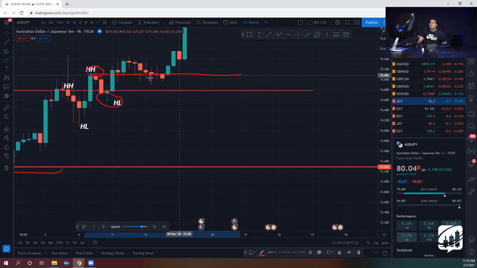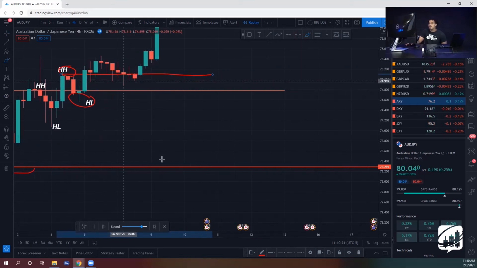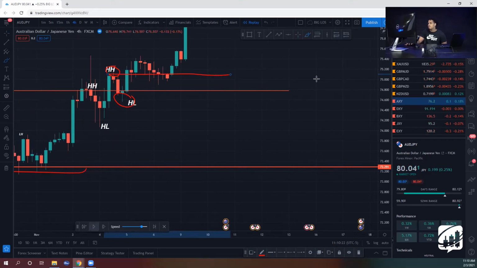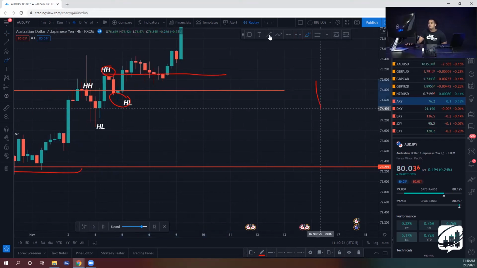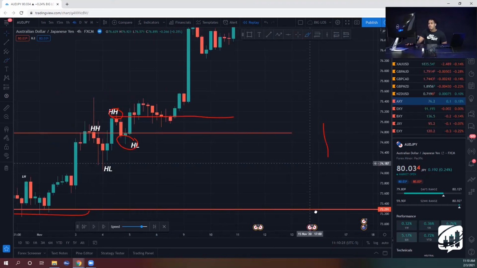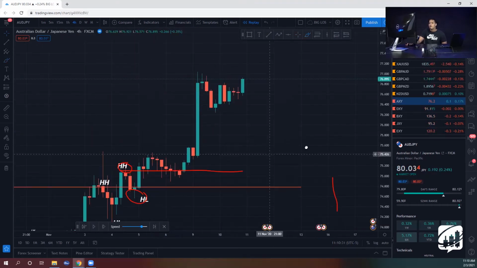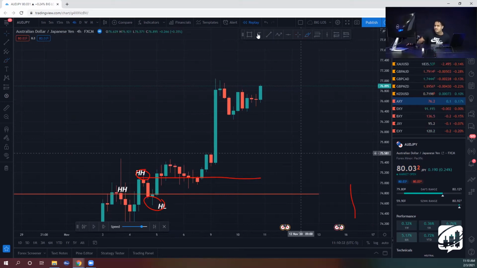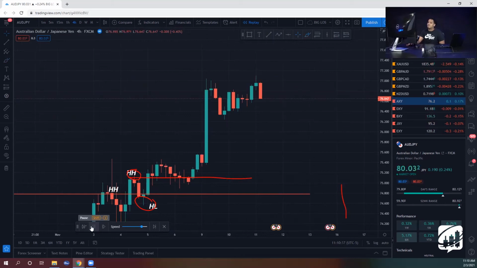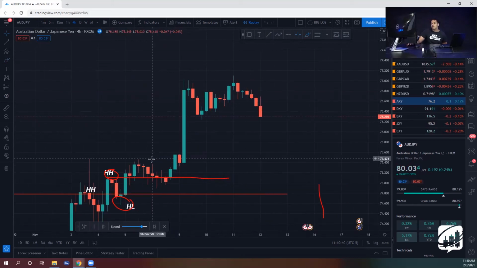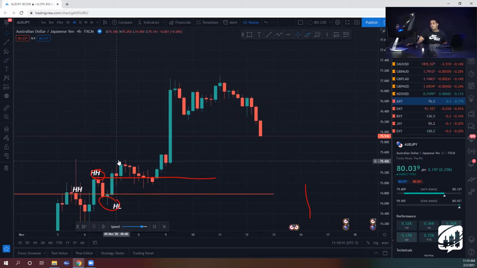Boom, retest of the higher high. It's up. Like I said, 80% of the time, you will get a retest. So let's see if it comes down to retest this previous higher high.